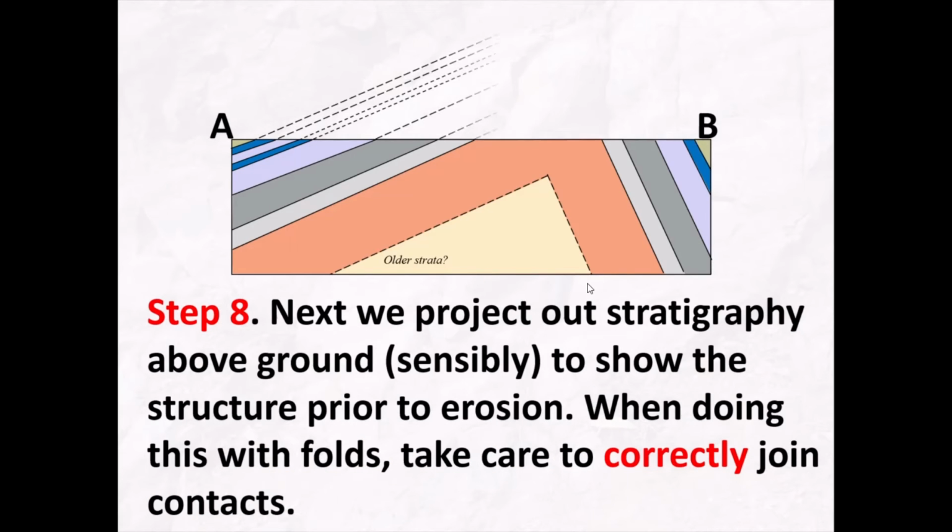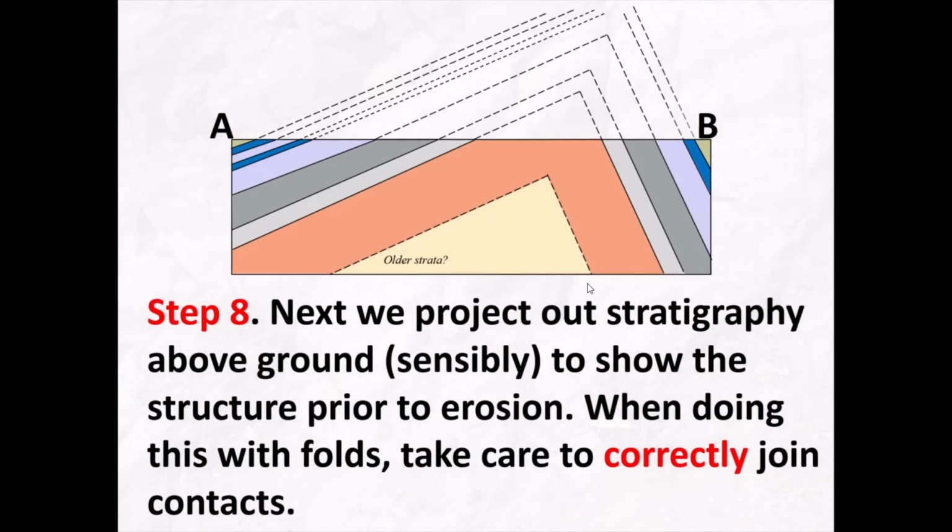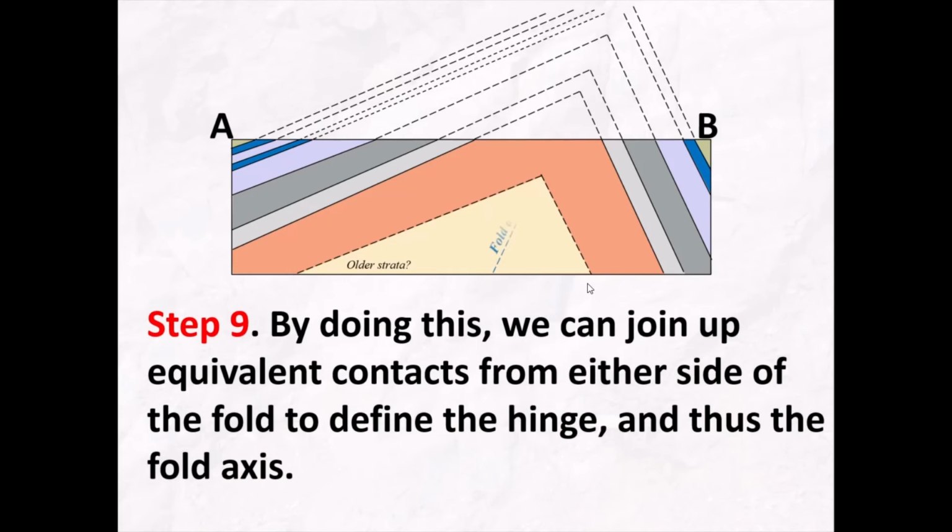Then I can sensibly project my stratigraphy above the ground to show where it would be prior to modern day erosion. And if I do this correctly and join my contacts and interpret where they go otherwise, I should be able to then join up my fold hinges to describe the fold axes.